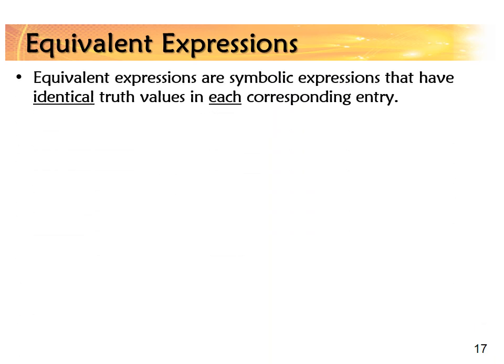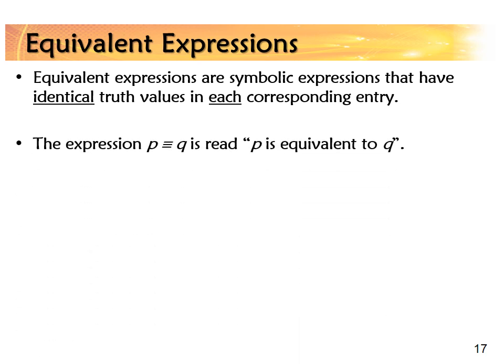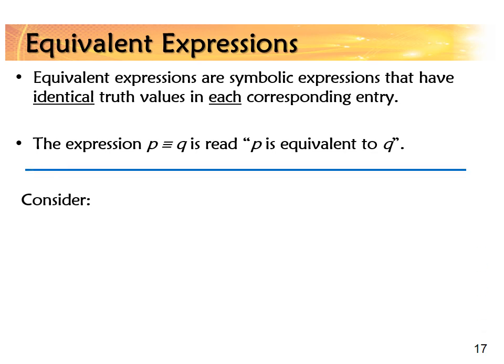So, equivalent expressions, as I said before, are symbolic expressions that have identical truth values in each entry. So the expression P is equivalent to Q there is indicated by that triple equal sign.